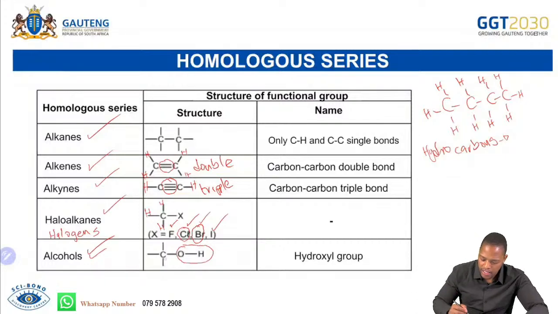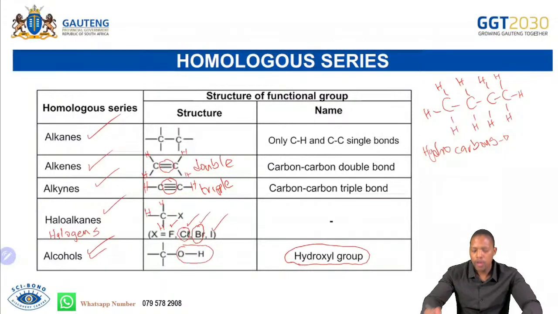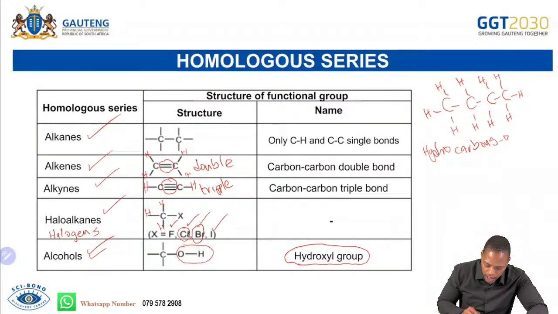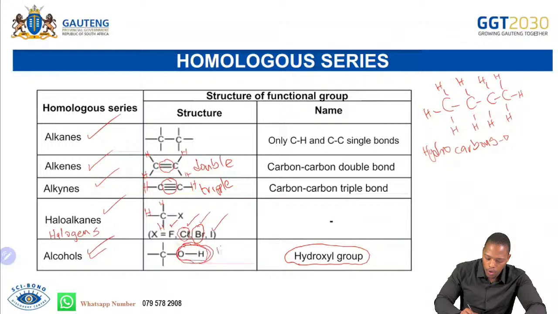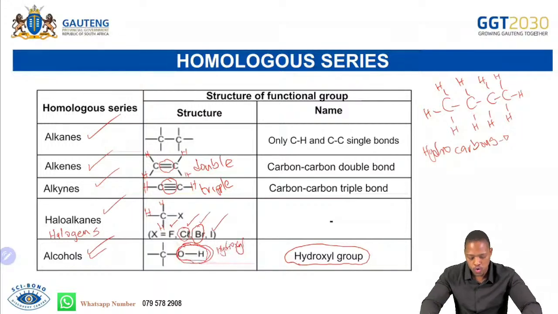This is the name of this functional group. It is called a hydroxyl group because of this hydroxide that is attached to this organic compound. So it makes it a hydroxyl group.